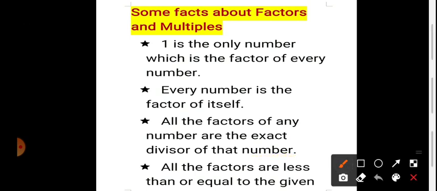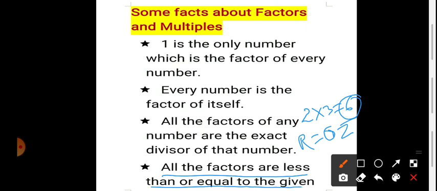It means that if 2 and 3 are the factors of 6, then if we divide 6 by 2 or by 3, the remainder will be 0. Okay, now all the factors are less than or equal to the given number.